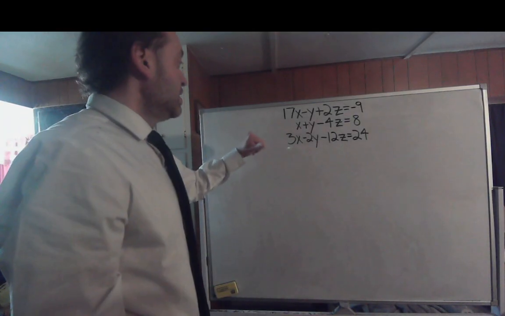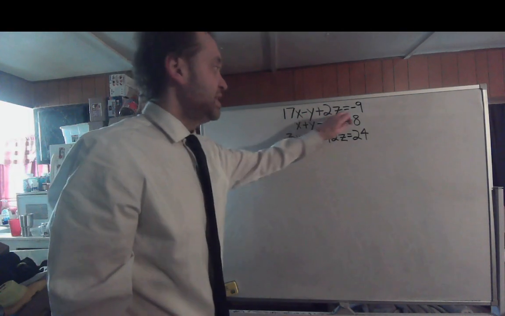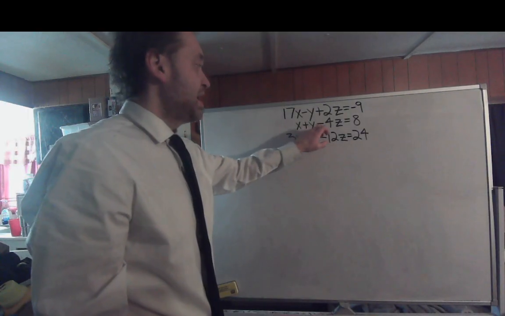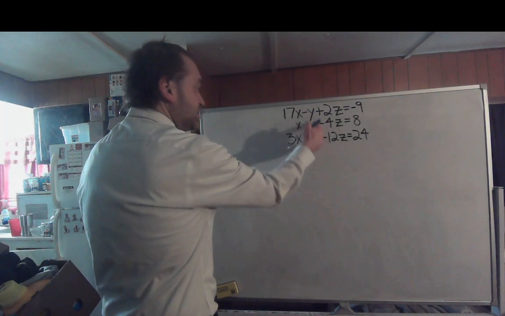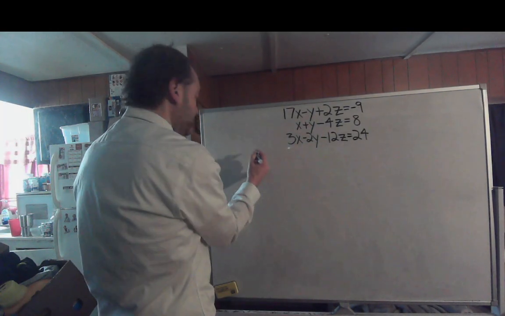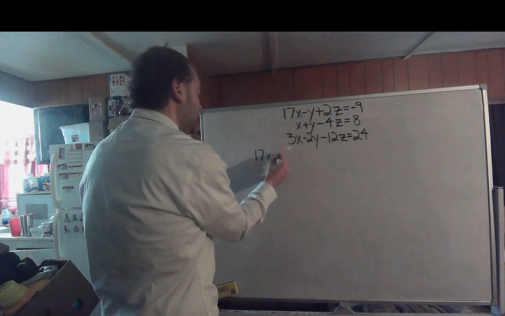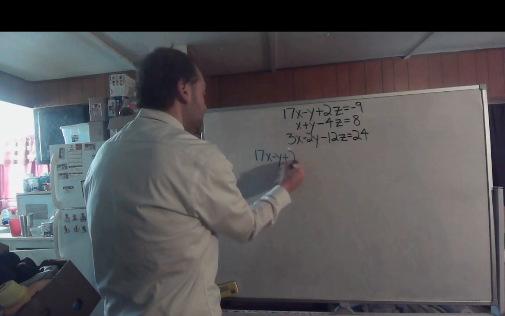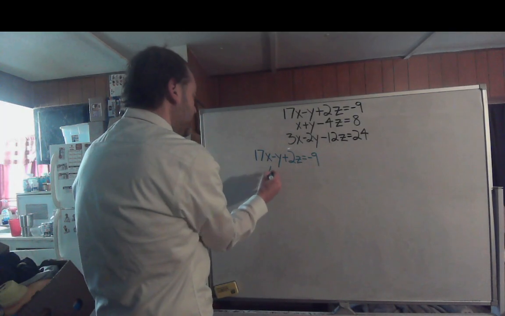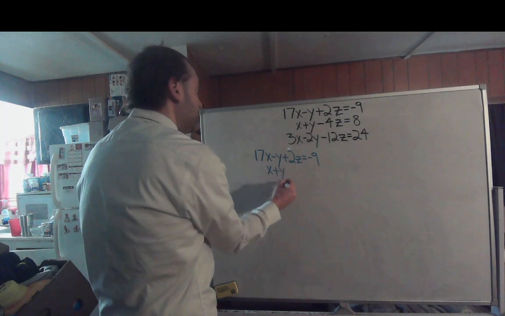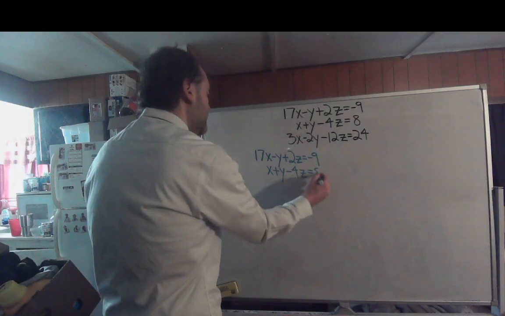I'm going to start with 17x minus y plus 2z equals negative 9, and x plus y minus 4z equals 8. If I add these two together, I can eliminate the y variable. So 17x minus y plus 2z equals negative 9, and x plus y minus 4z equals positive 8.